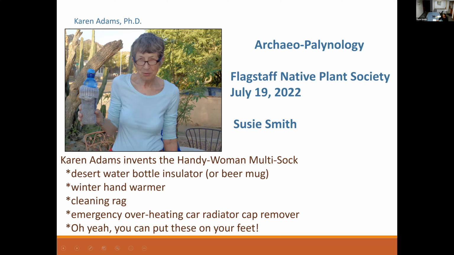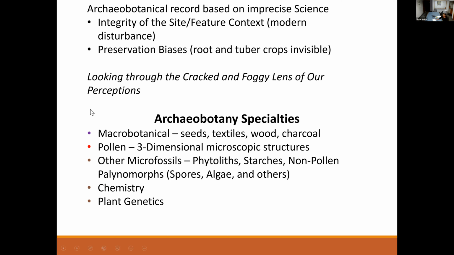One memorable quote from her is, "The archaeological looking glass is fogged, and the images we peer at seem blurry. Plant remains and animal bones in archaeological sites are broken, burned, and deteriorated." Okay, so all of this is to say that the archaeobotanical record is based on imprecise science.